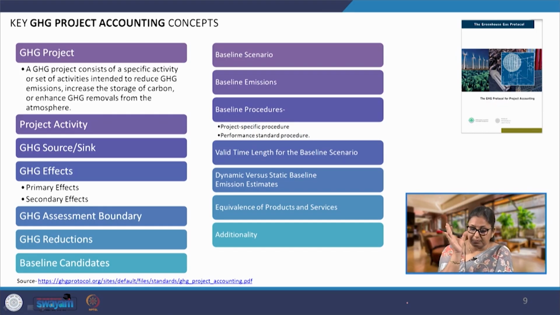So, the validity period of this baseline scenario also has to be discussed properly, scientifically, and decided, put in place. Then we also have to look at dynamic versus static baseline emission estimates. Sometimes we can just have a static baseline and have a validity of time for this baseline scenario to remain valid.